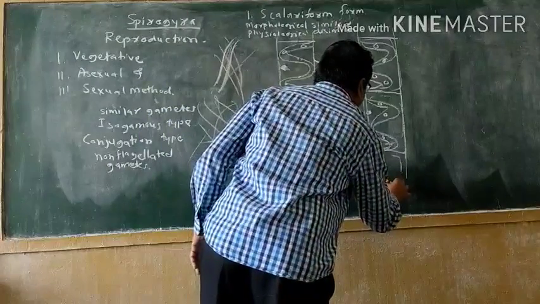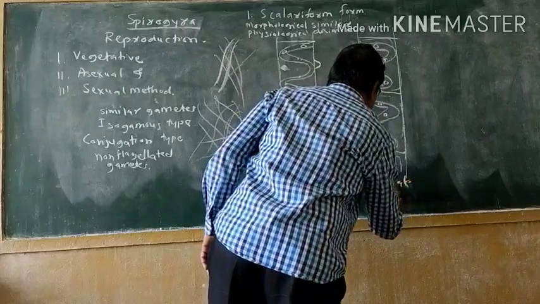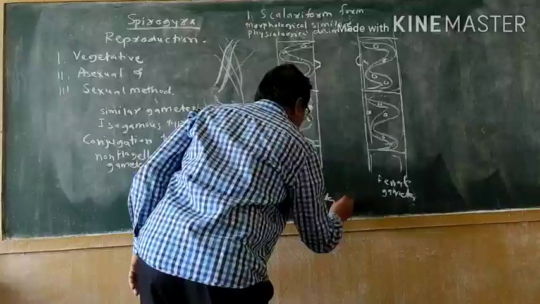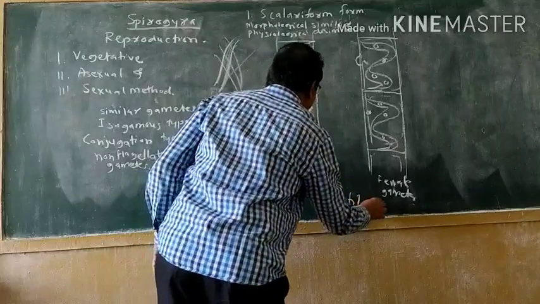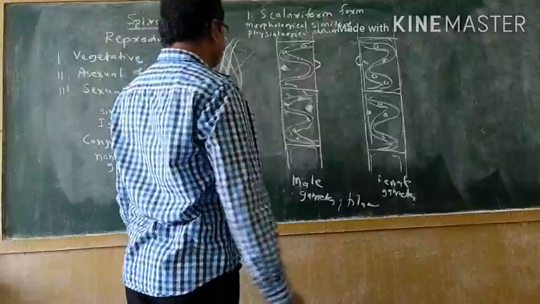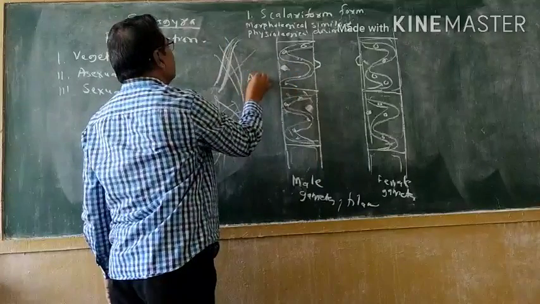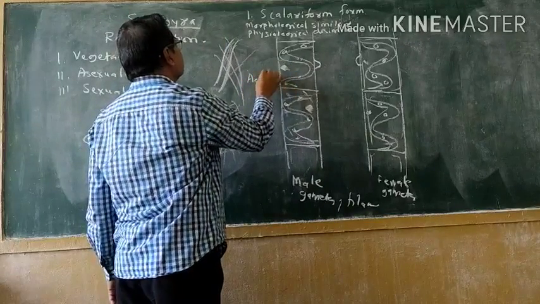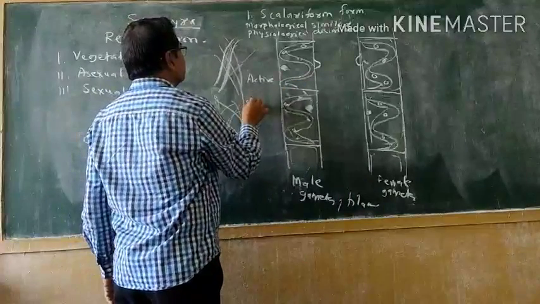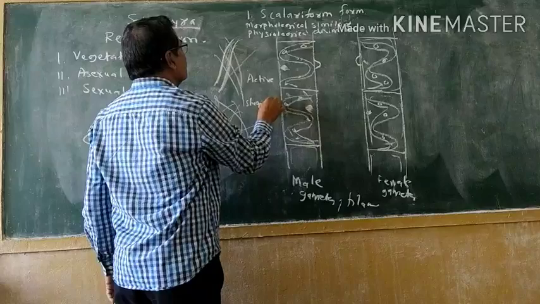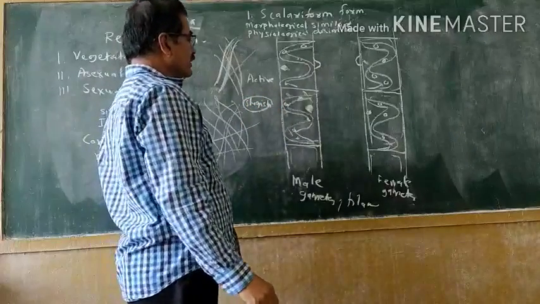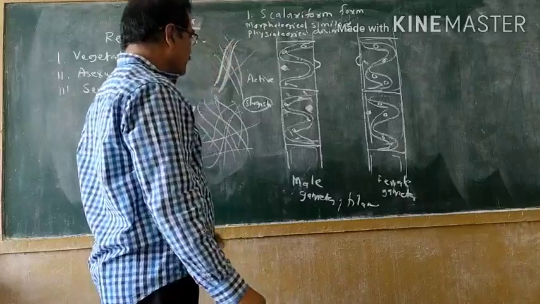Another one is a female filament. The male gamete is much active, and the female gamete is sluggish, means not active.